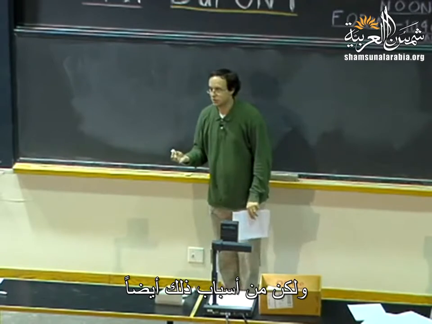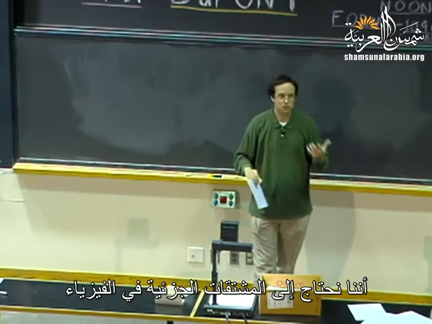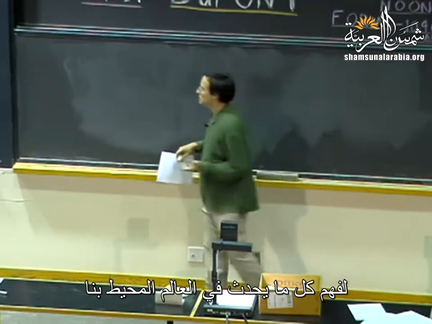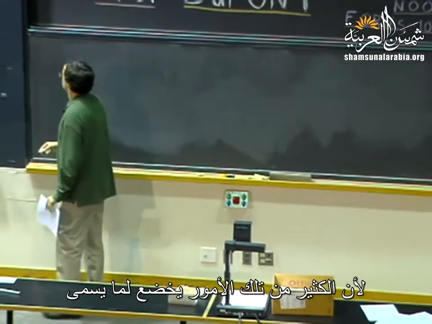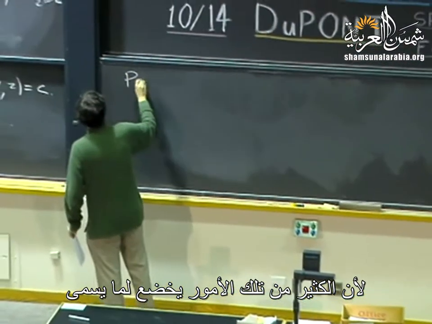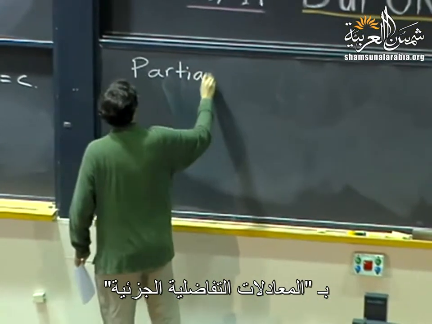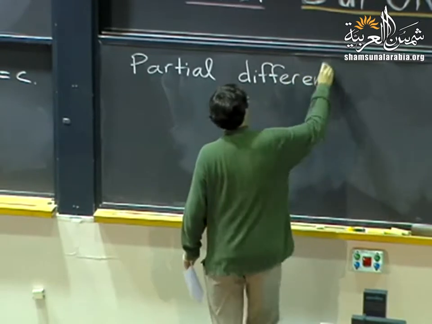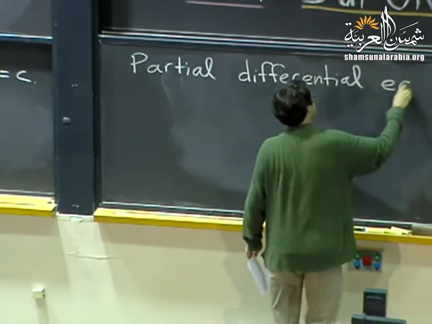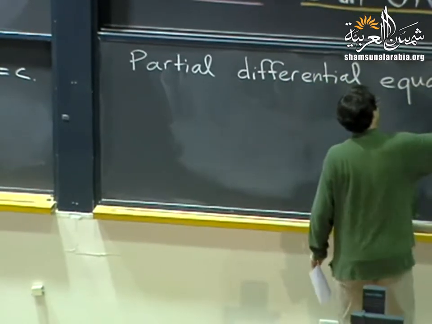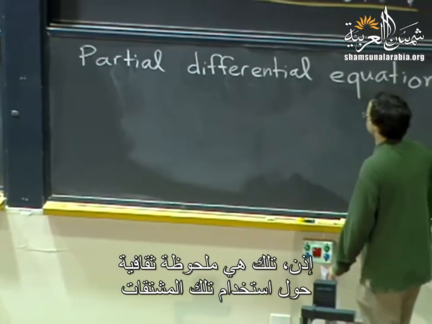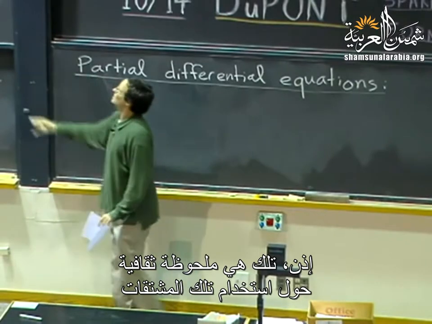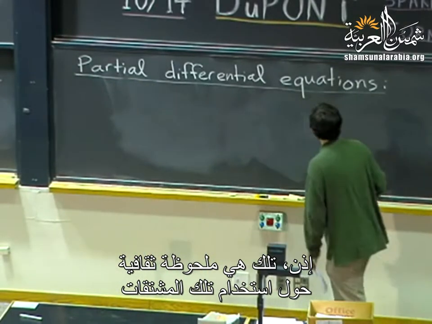But another reason is that you really need partial derivatives to do physics and to understand much of the world around you, because a lot of things are governed by what are called partial differential equations. That's a cultural remark about what this is good for.